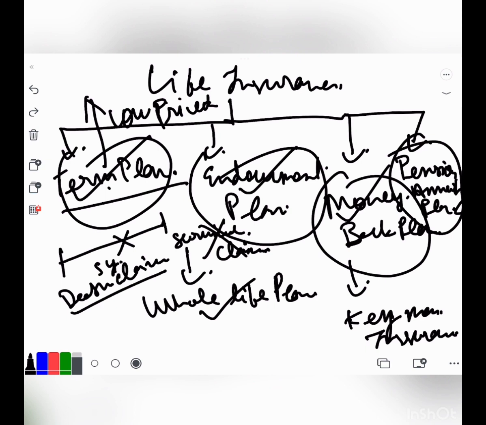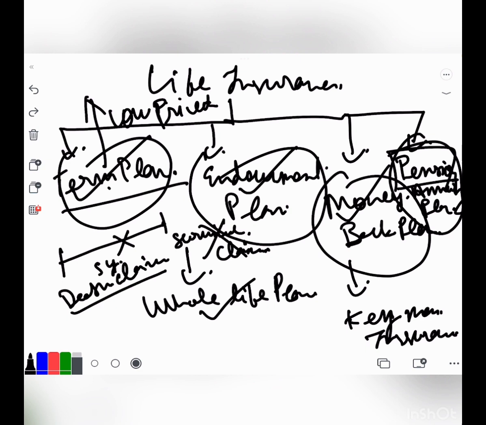After retirement also they are living quite a long life. That is called the risk of living too long, because your income will stop at a later stage, but your life is continuing. You are retired. So that is the risk of living too long. To cover this risk, the pension plan is made.